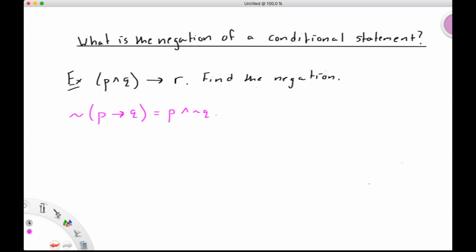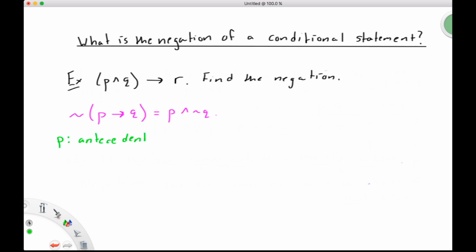Now we have something a little bit different than P and Q here. So we've got to determine in our specific example what is playing the role of P and what is playing the role of Q. Right? And these are based around the if-then piece, the arrow. And so P, which is the piece that comes before the arrow, is called the antecedent.